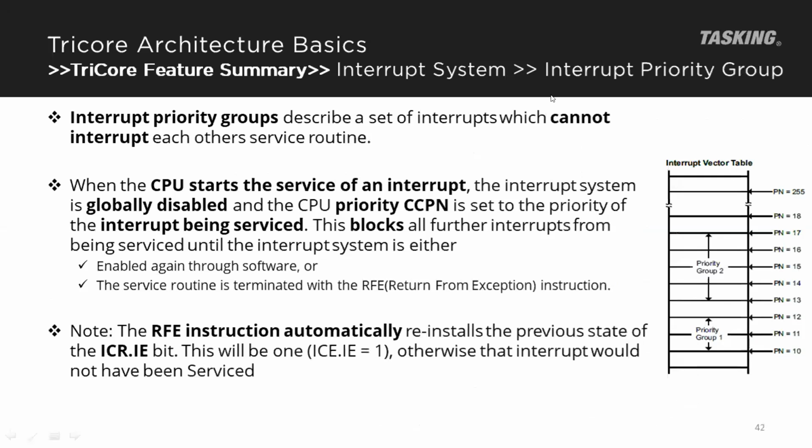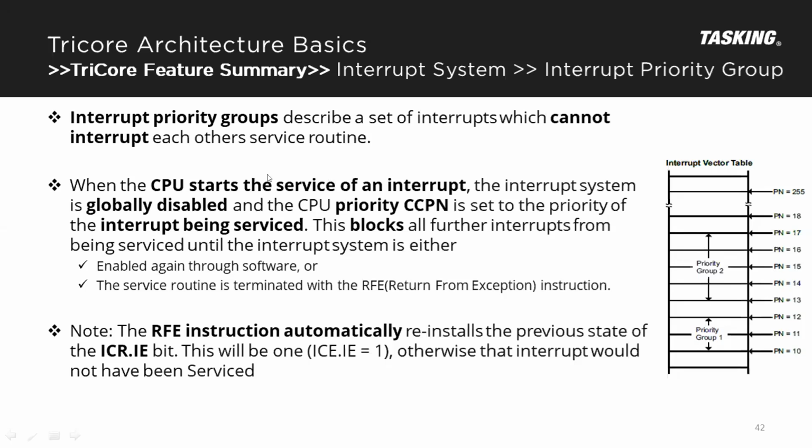All right, so let's see the interrupt priority groups. You could group certain interrupts based on your interest, and once you group certain interrupts, that means one of these interrupts can't interrupt another interrupt from the same group. So for example, if interrupt 15 happens and then interrupt 16 happens, interrupt 16 cannot take the lead and interrupt interrupt number 15, because they belong to the same group.